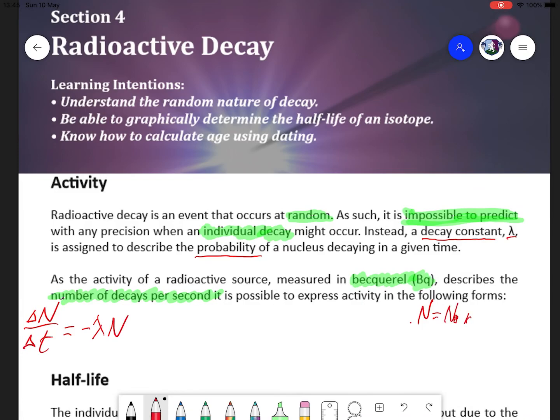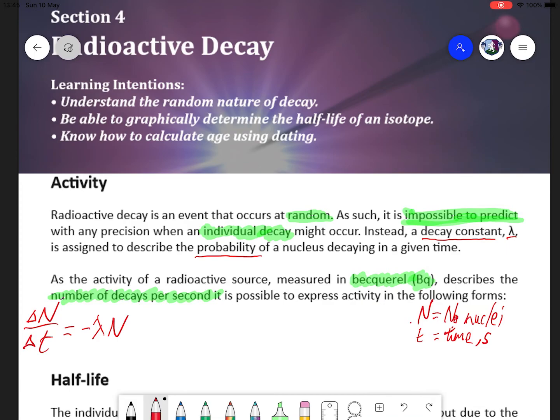Delta N represents change in the number of nuclei, whereas N on its own is number of nuclei. t represents, as usual, time, delta t, change in time.